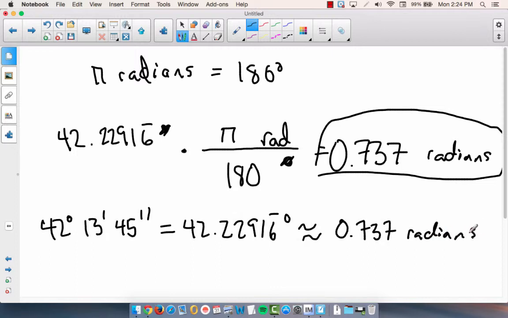As we said earlier, 1 radian is about 57 degrees. So 42 degrees should be less than 1 radian, and that's what we got. Great. Let's try going the other way.